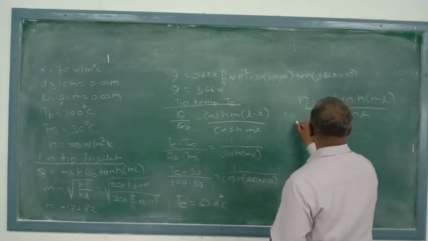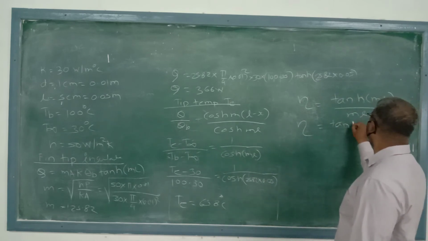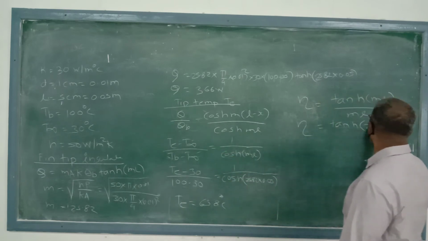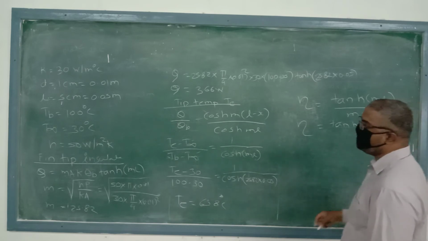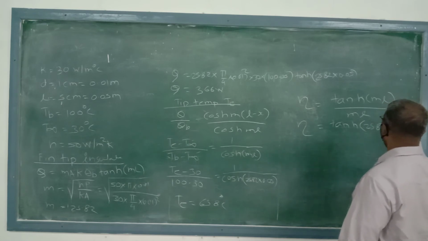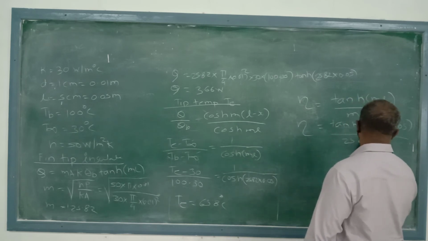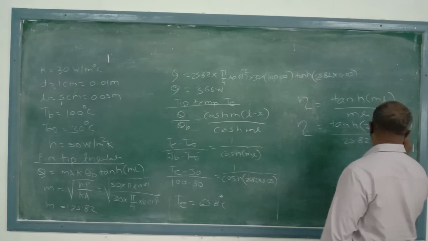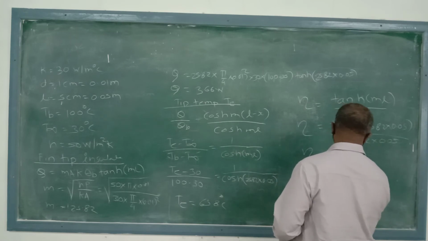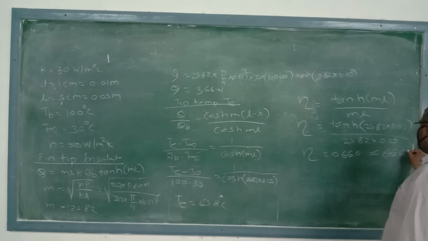So in this formula we can substitute the values: tan hyperbolic of 25.82 into length 0.05 upon the same. So the efficiency we found is 0.666, which means 66.6%.